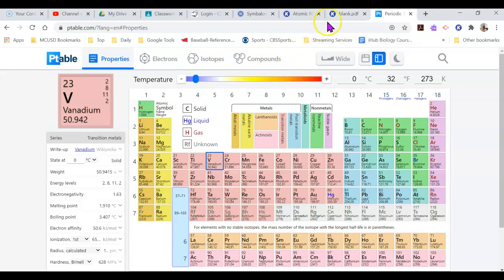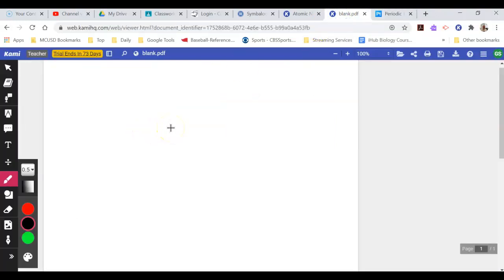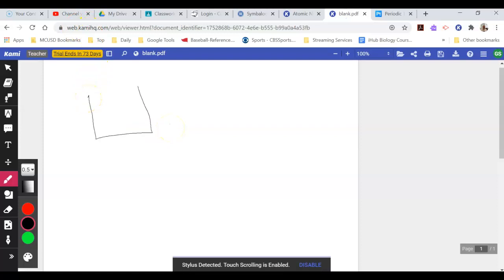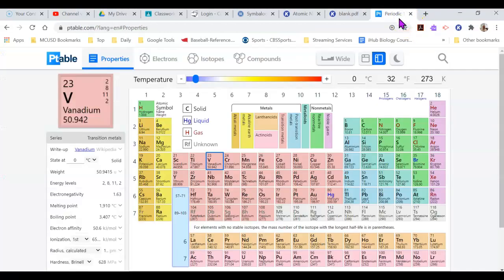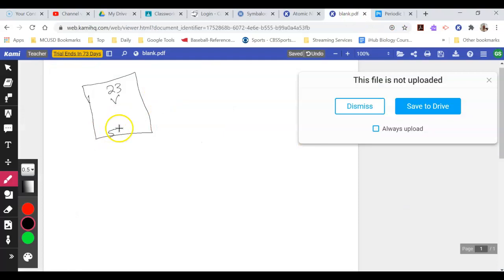That's 23V, with 50.942. Each element is going to have its own box on a periodic table, and this is basically the most common information you're going to have.